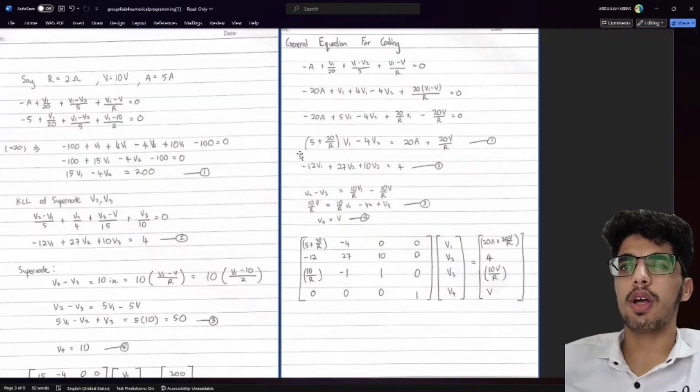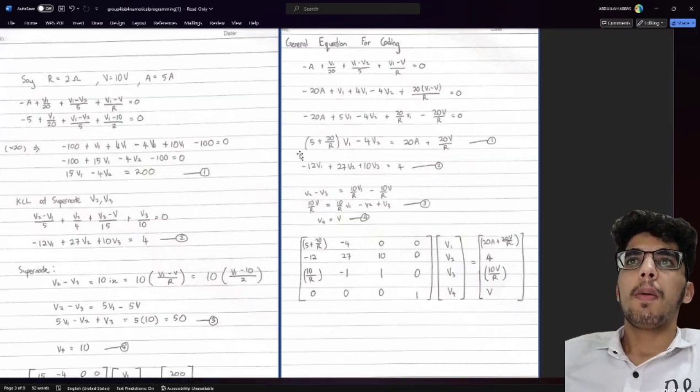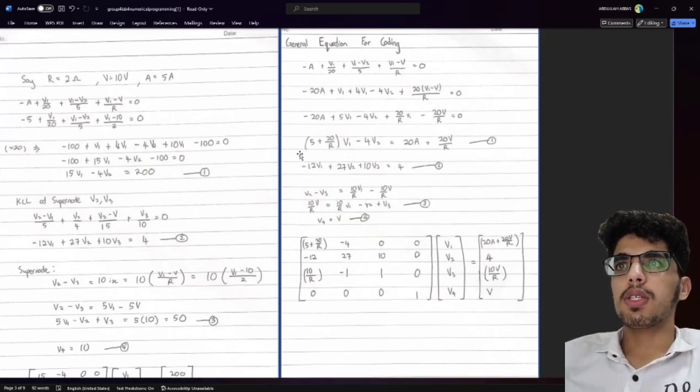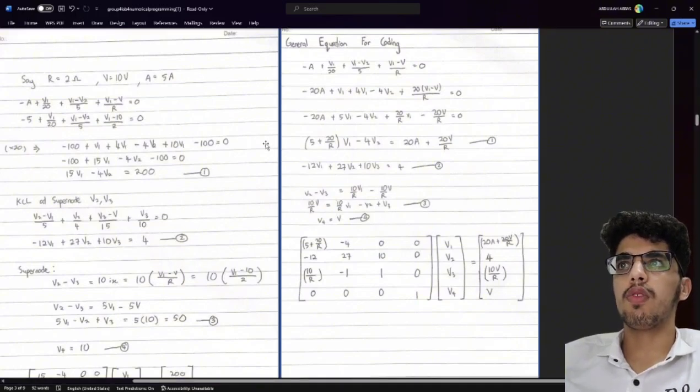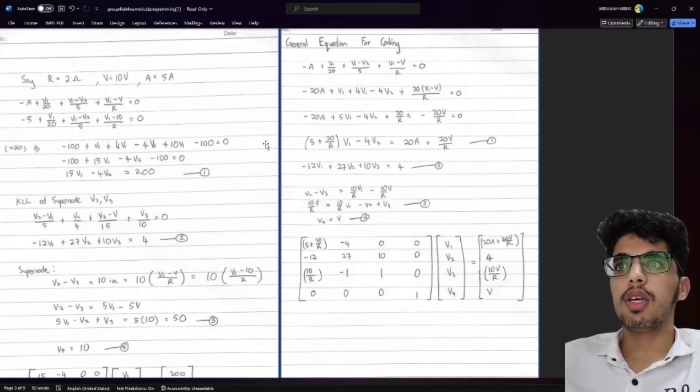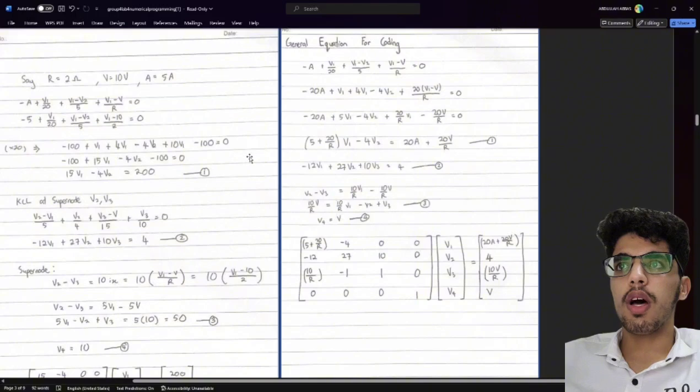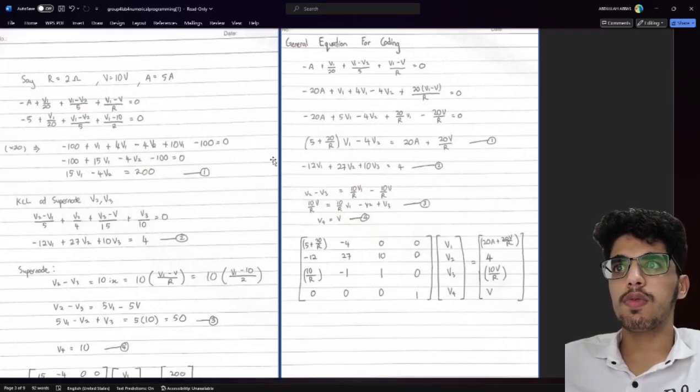Minus 20 V1 plus 27 V2 plus 10 V3 equal 4. This is equation number 2. And V2 minus V3 equal 10 over R V1 minus 10 over R V. 10 over R V equal 10 over R V1 minus V2 plus V3.